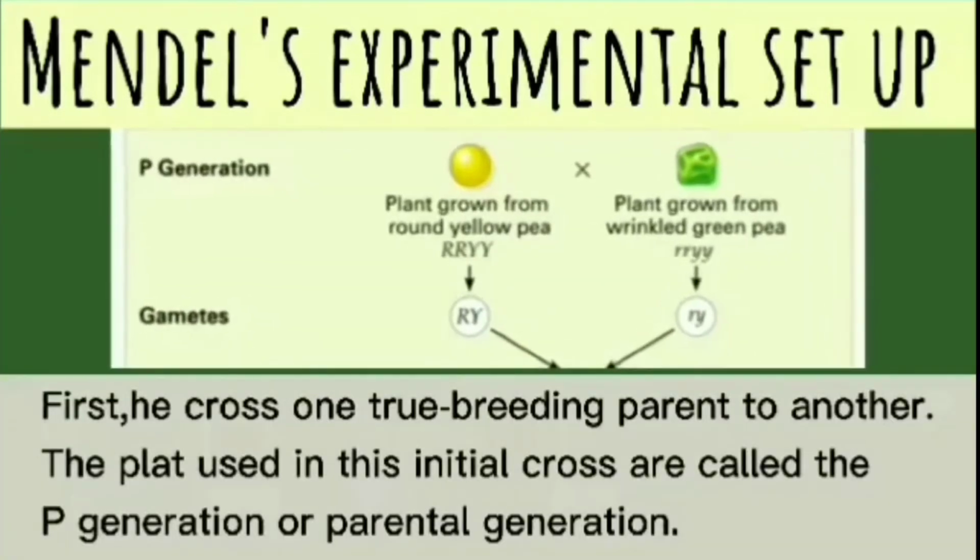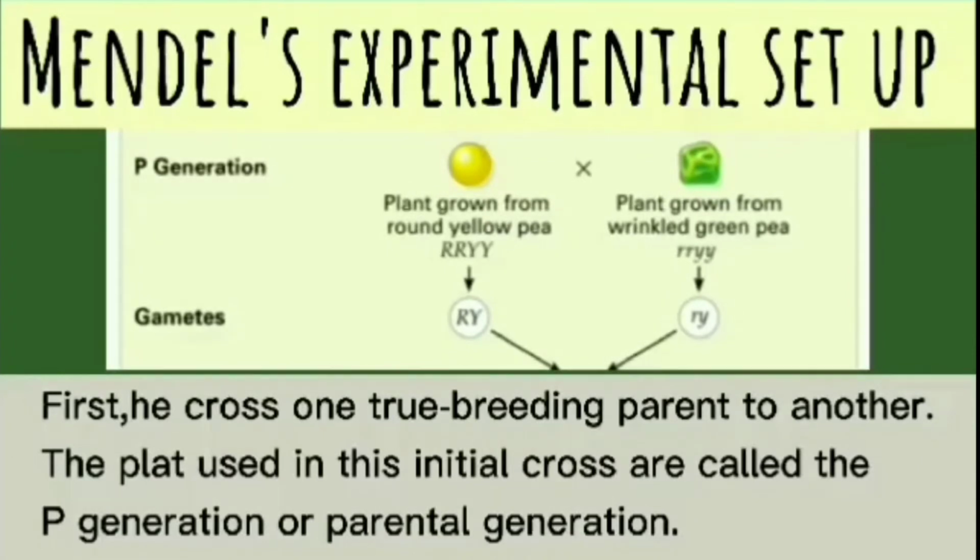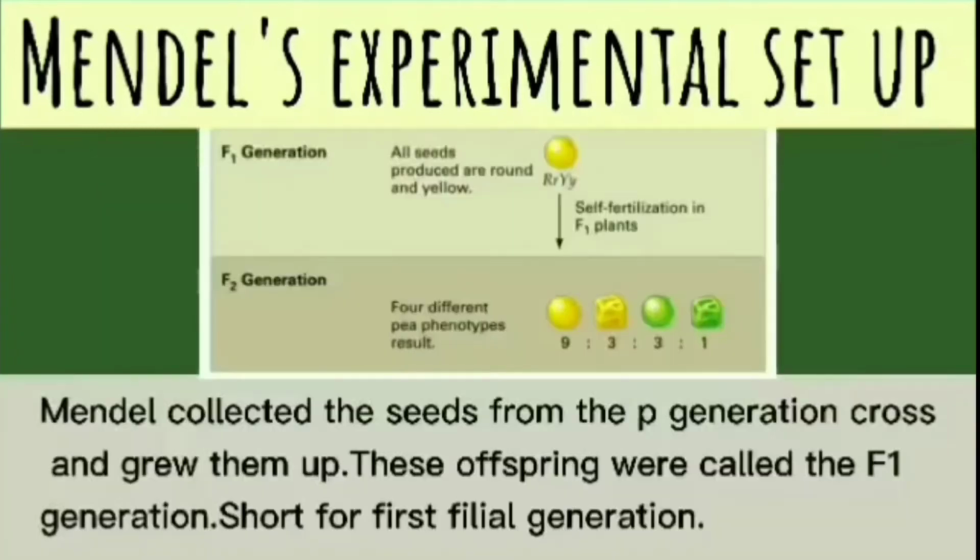First, he crossed one true breeding parent to another. The plants used in this initial cross are called the P generation, or parental generation. Mendel collected the seeds from the P generation cross and grew them up. These offspring were called the F1 generation, short for first filial generation.